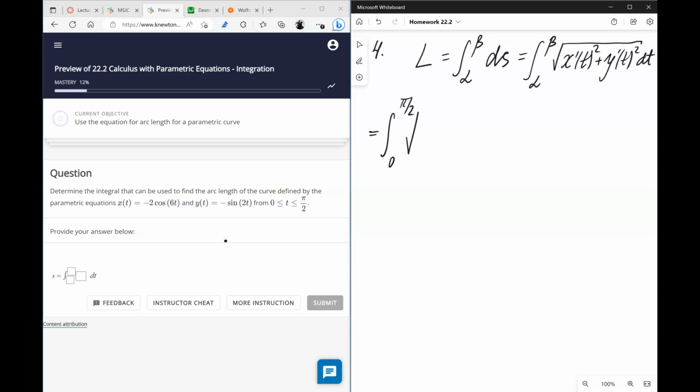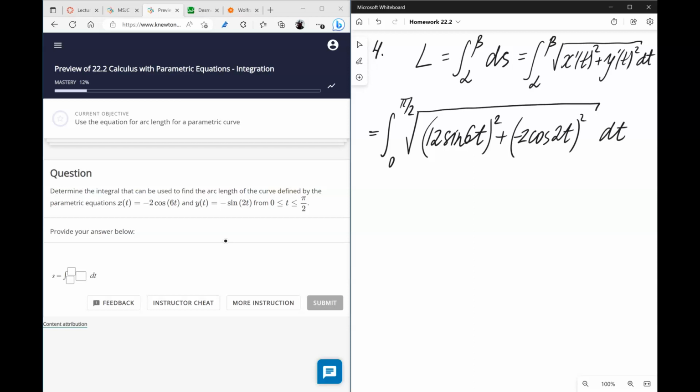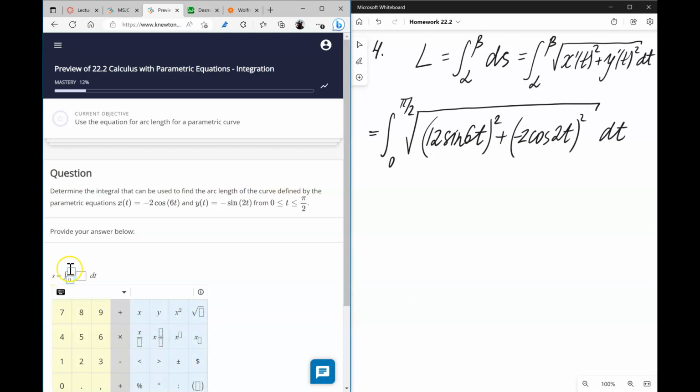It's 12 sine of 6t squared plus negative 2 cosine of 2t squared dt. And it doesn't ask us to find it, it only asks us to enter the integral, so we can do that easily.